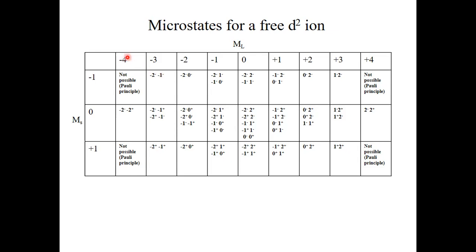Some combinations are not possible because of the Pauli principle. For instance, a microstate with an ML value of -4 and an MS value of -1 is not possible, because in this case both electrons would need to have the same spin in the same orbital, and that's, of course, not possible according to the Pauli principle.